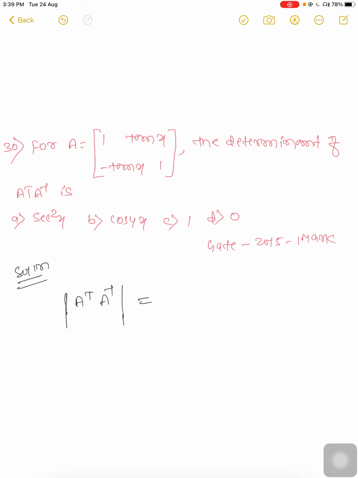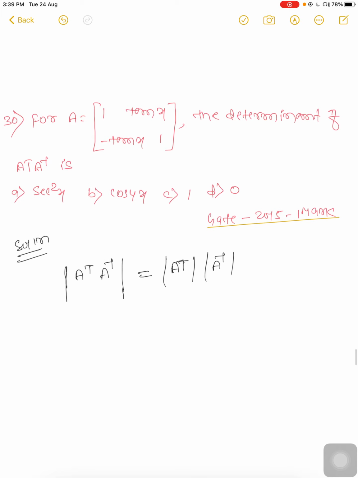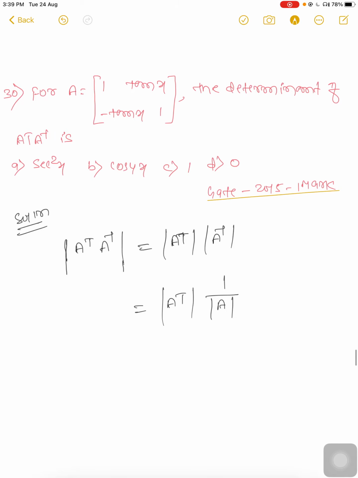Another method is to take the determinant of A transpose multiplied by the determinant of A inverse. It will be the determinant of A transpose, and here 1 upon the determinant of A. What is A transpose?